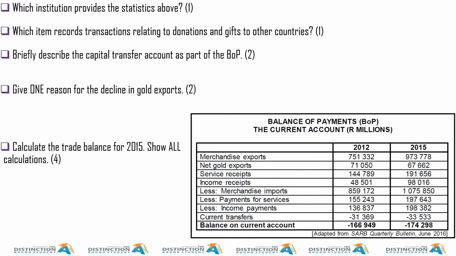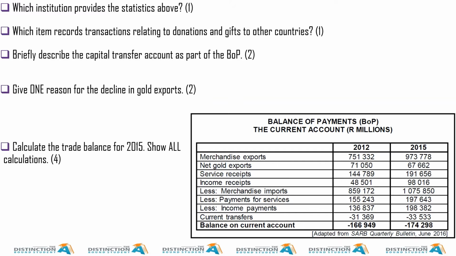This one here is a balance of payments, and that's a systematic record of a country's transactions with the rest of the world. As you can see here, they made life easy for you. They put this less, which will make it very easy.